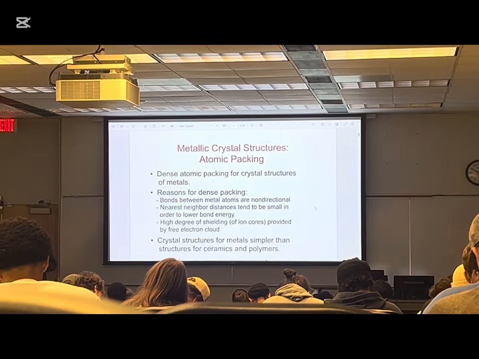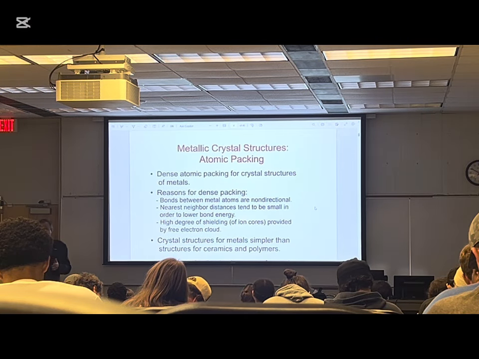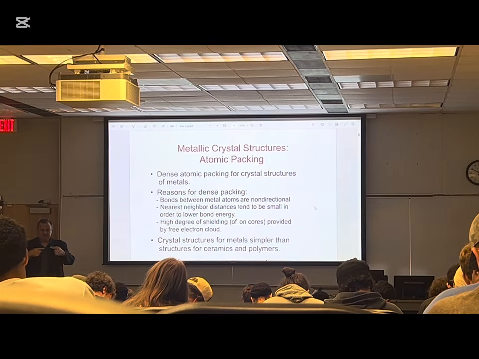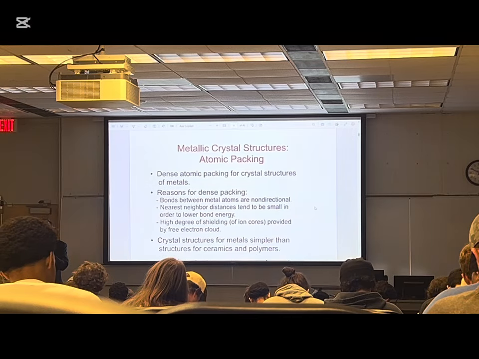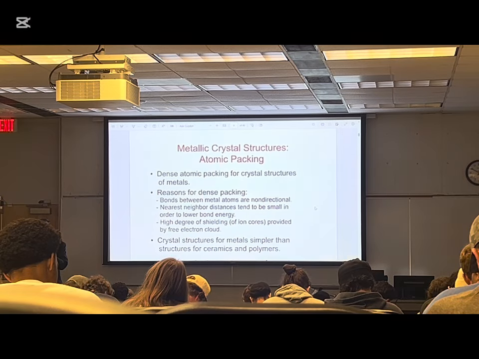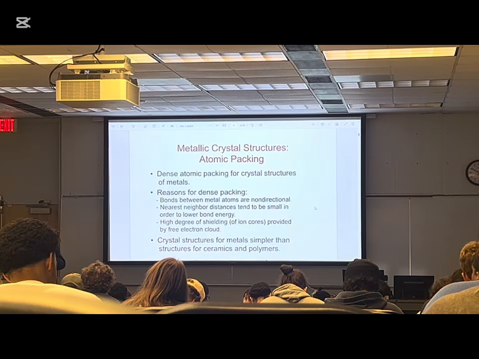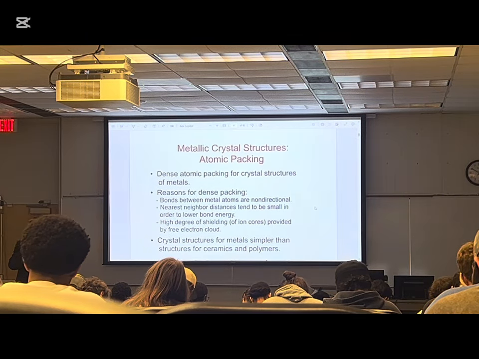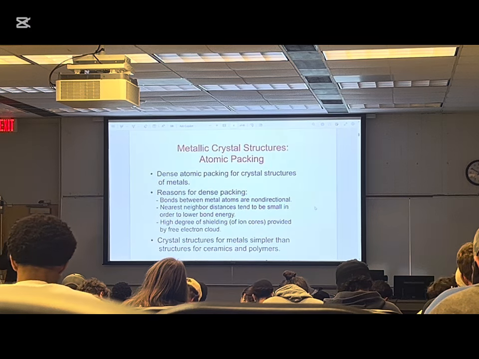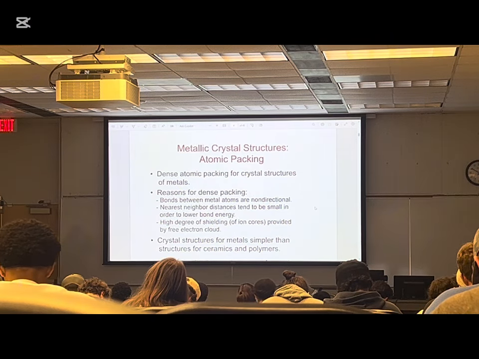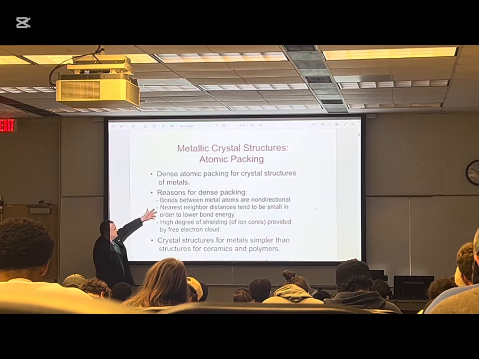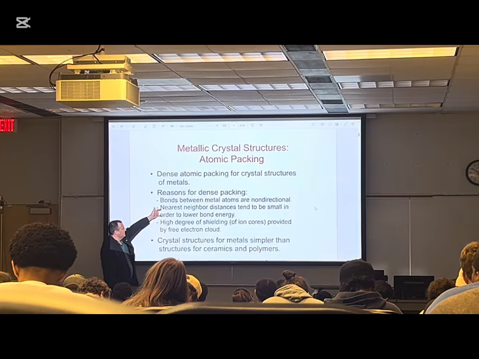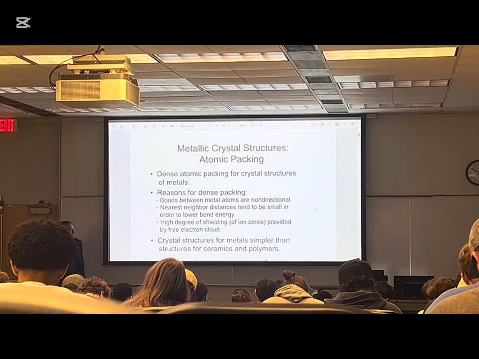The bond is formed between the nearest neighbors. So two atoms right next to each other form a bond. They're like secondary effects. Two seats away, there's still maybe some, but not as much as two atoms that are next to each other or touching each other. So as a result, this nearest neighbor distance tends to be small, which results in lower bond energy.